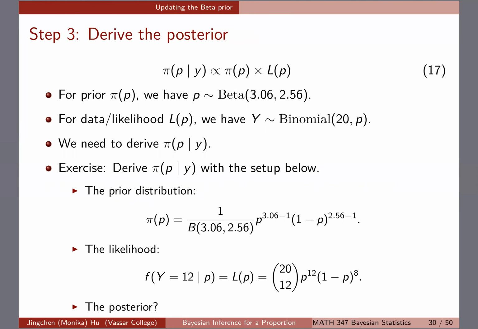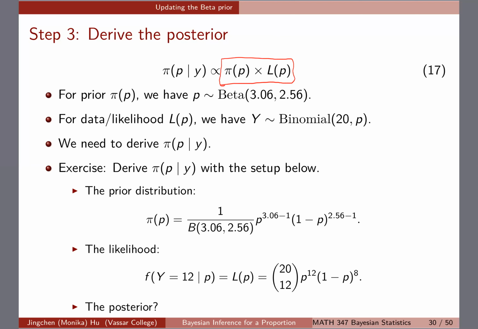I'm going to write this out for you, expressing the entire PDF, in this case for the prior. That's from the beta distribution that we just covered. The likelihood, when y equals 12, is 20 choose 12, p to the power of 12, and then 1 minus p to the power of 8. I'm asking you to look at these forms a little bit, especially combining with equation 17, because we know the posterior is going to be proportional to the product of these two.